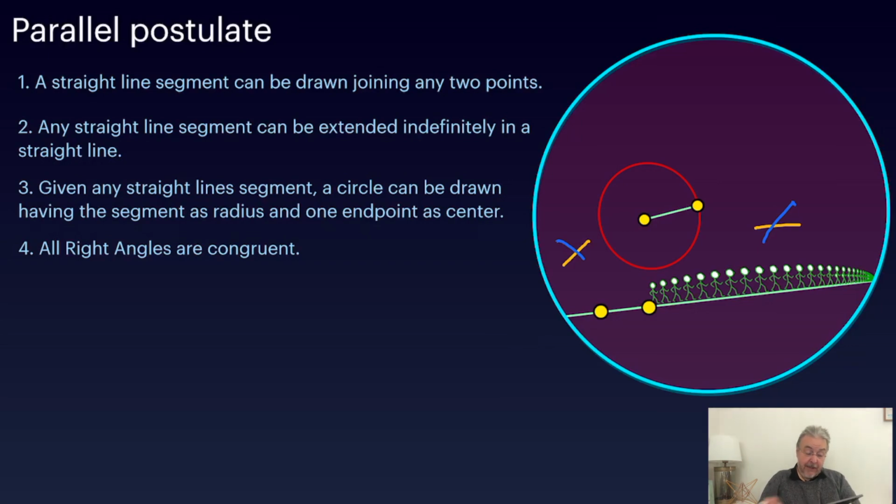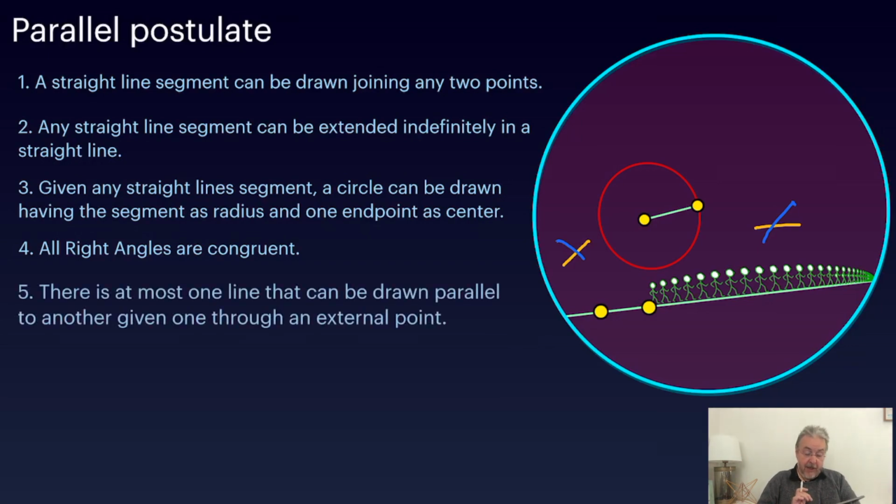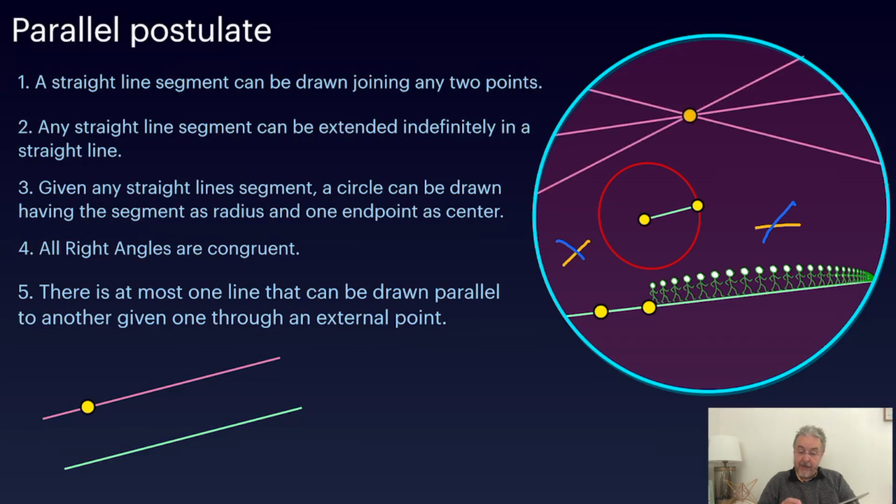So and now comes the interesting point, the fifth postulate. And I take the version of the parallel postulate. There is at most one line that can be drawn parallel to another given one through an external point. So let's take this line and let's take an external point. And you see in my world there are many.